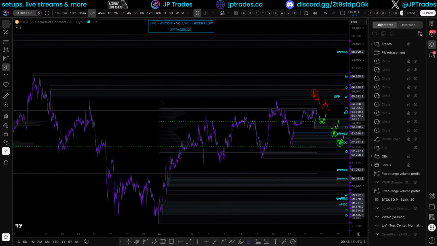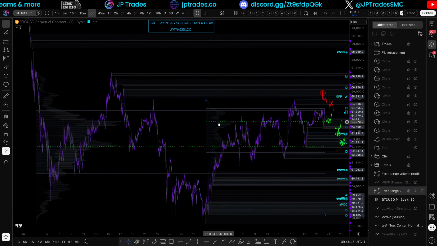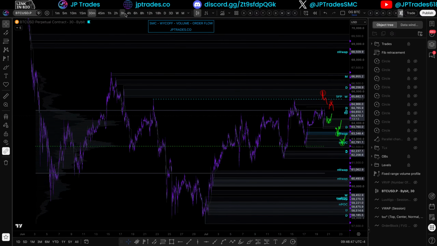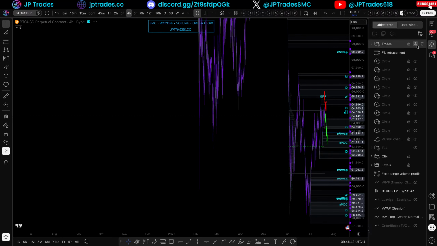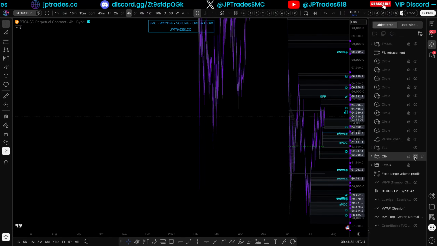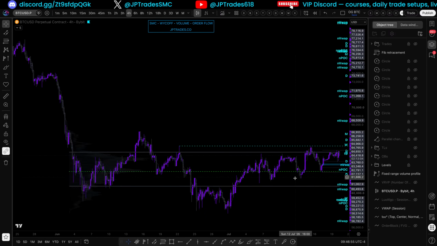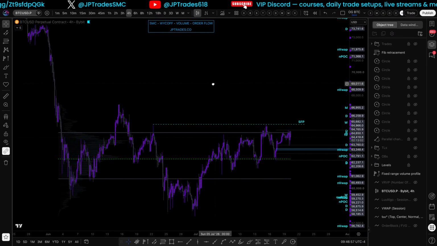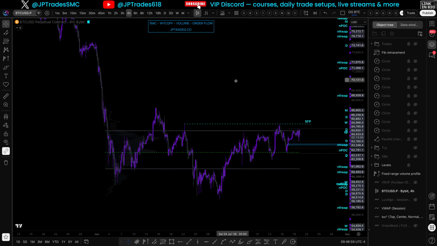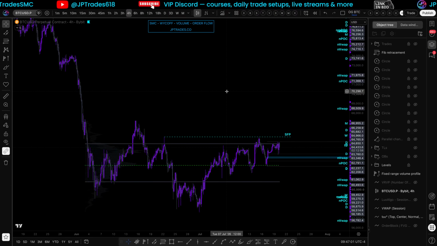Let's see. Just taking a look. Come back up to the 4 hour really quick. Let's get rid of that. Get rid of the order blocks for now. Take a little bit more of a zoomed out look really quick.